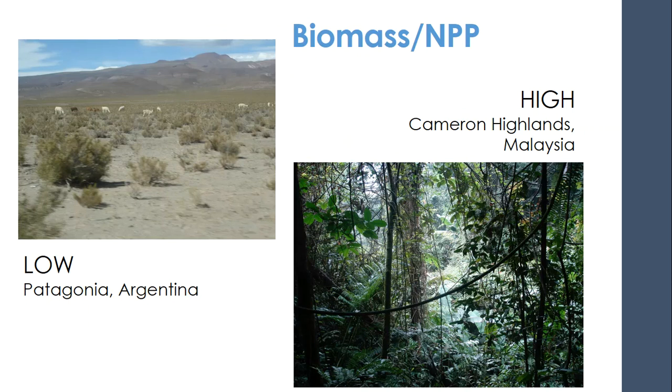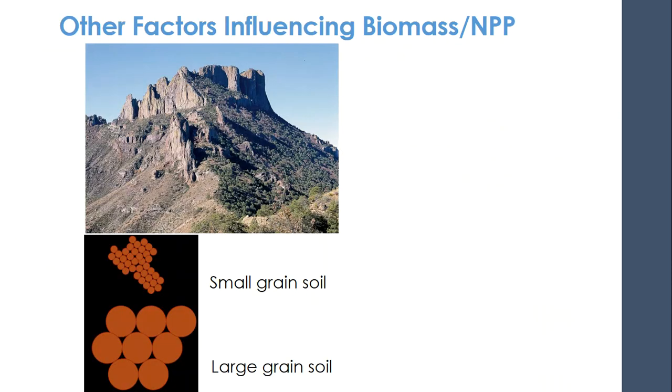So right here you have much lower biomass. Not that there's no biomass there. There's plenty of plants here that are your producers being eaten by consumers. But in a place like the Cameron Highlands in Malaysia, there's certainly a lot more water, a lot more sunlight, a lot more biomass, and a higher net primary productivity.